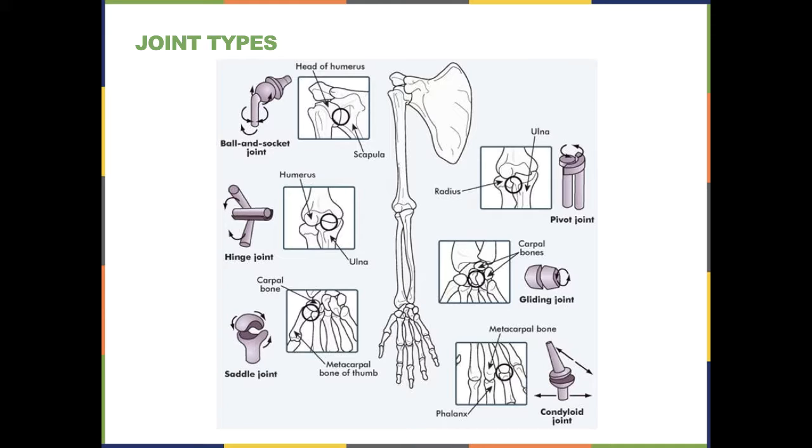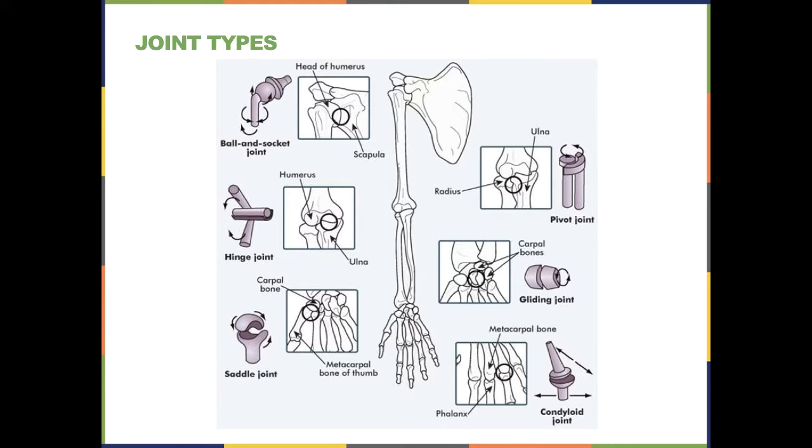The head of the humerus represents the ball, and the socket is the scapular area. In the lower extremity, the femur is the ball, and the pocket in the hip bone is the socket for the ball and socket joint in the hip. And you can see how these can get dislocated.